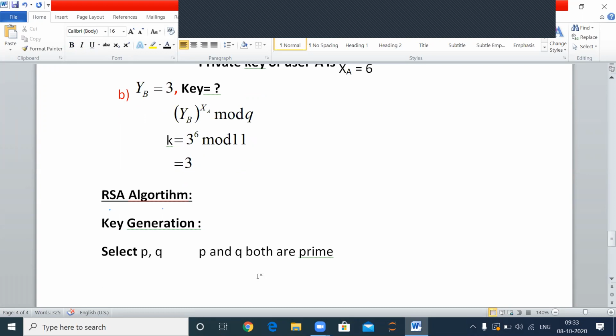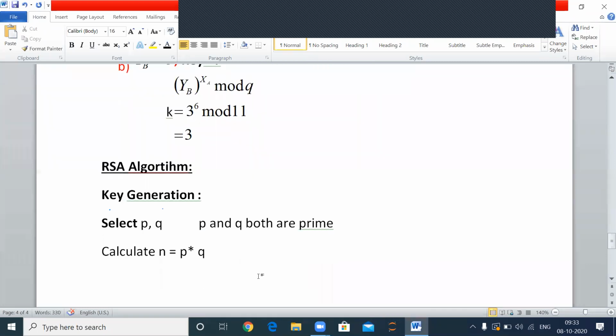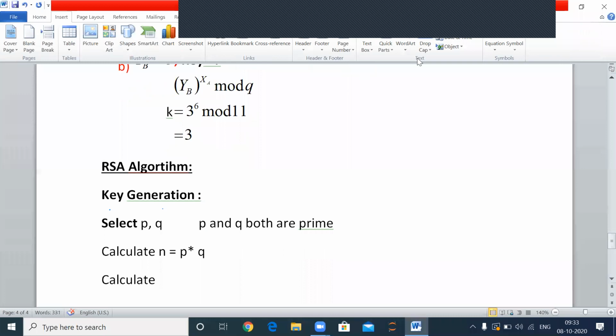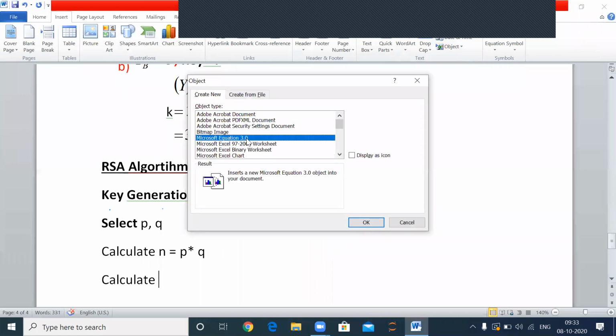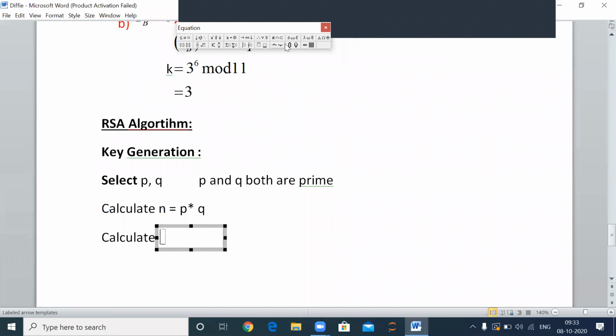Next, in this algorithm, we calculate n. n is the product of these two prime numbers, P into Q. That is what we take as n. And we calculate the Euler function, that is phi of n.